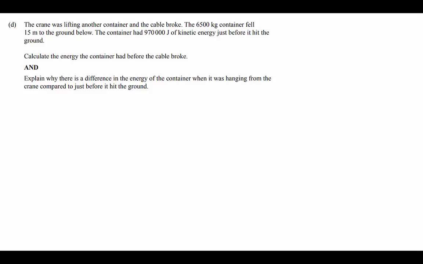We've got to calculate the energy the container had before the cable broke, and then explain why there is a difference in the energy from when it was hanging to immediately before it hit the ground. So we're going to be using the gravitational potential energy formula, EP equals mgh, to work out the energy before the cable broke. We're going to compare that to the value that we've been given for kinetic energy, and we're going to explain why there's a difference.